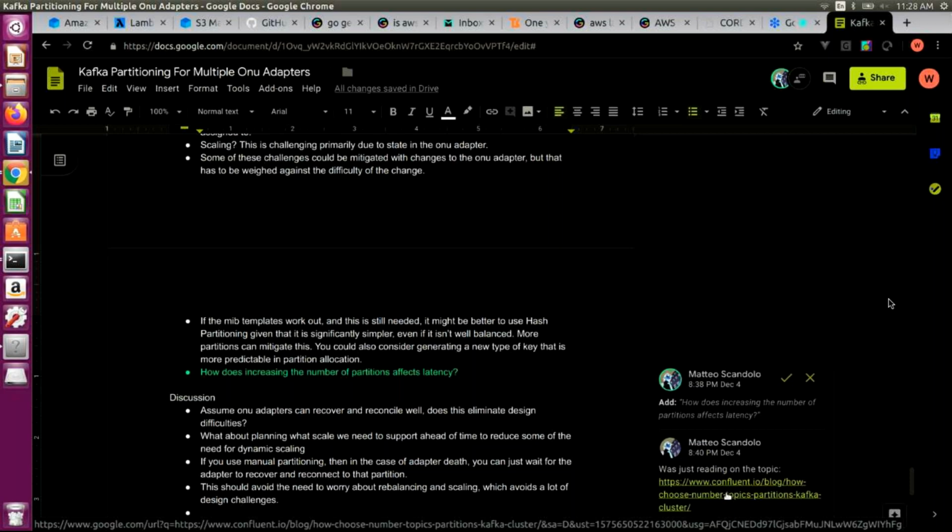Okay. So William implemented a manual partitioning schema, while I tried to use the automatic partitioning schema.